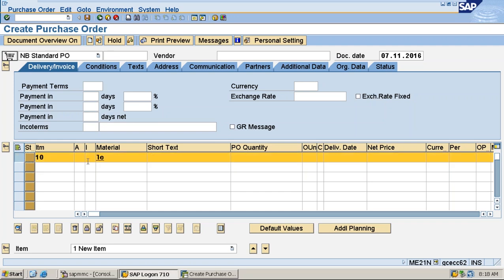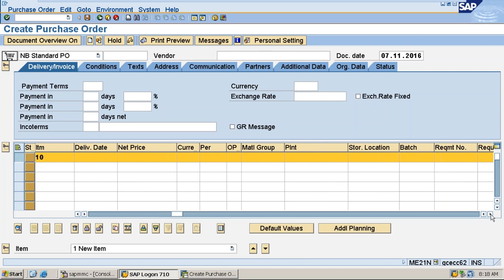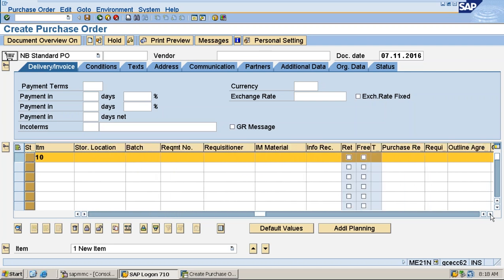Scroll to the right. When you scroll to the right, you will have a check indicator, returns. If you activate this in a purchase order, this item is a return item. This is how you raise a return PO.